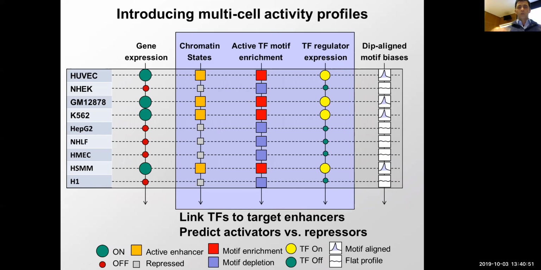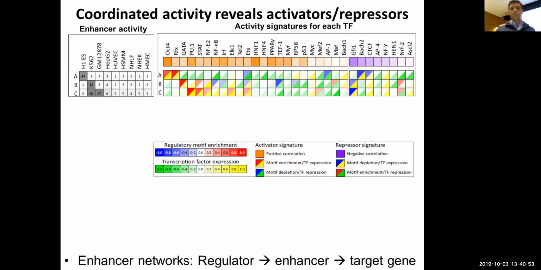Okay? It will seem complicated at first, but hopefully it'll become simpler soon. So I now have different clusters of activity: cluster A, cluster B, cluster C, and so on and so forth. That tells me the vector of activity of that group of enhancers across the 9 cell types. Who's with me on this part? Awesome.